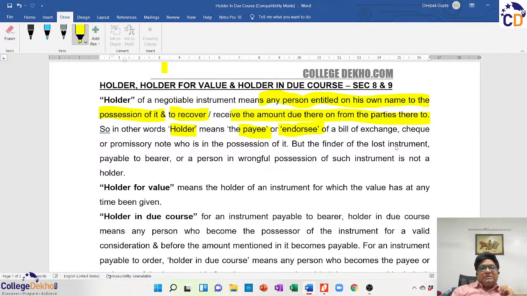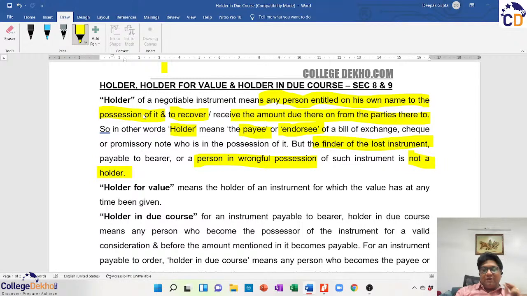Therefore, if a person has found a lost instrument, or has wrongfully taken possession of an instrument, for example by theft, then he is not a holder. The holder is not merely who is holding the instrument. Holder is someone who has a right to receive the payment in a lawful manner. Therefore, such a finder of a lost instrument or a person in wrongful possession is definitely not a holder.